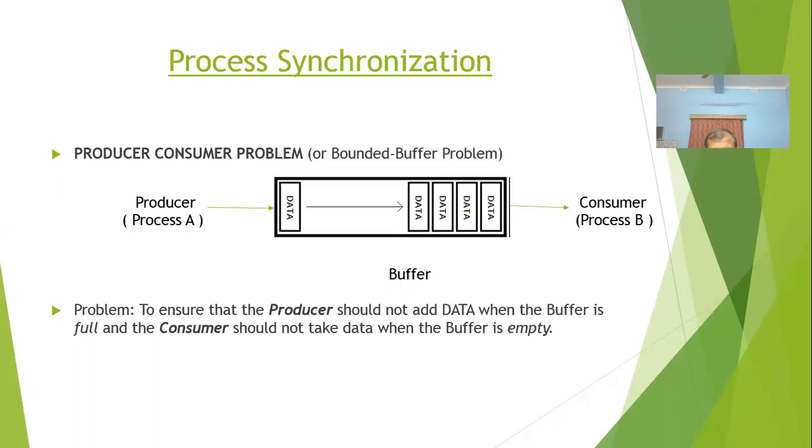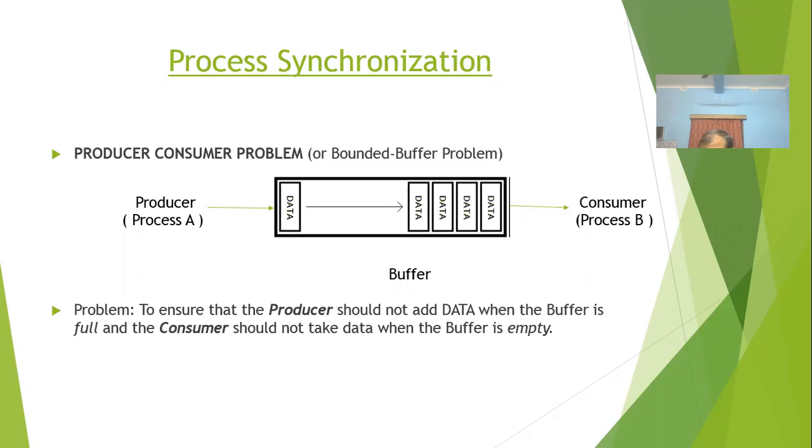So what can be the problem here? The producer should not add data when the buffer is full, that means the consumer is yet to consume the data, and at the same time, the consumer should not take anything when the buffer is empty, because when the buffer is empty, there is nothing to consume. So in that case, such problems may arise.